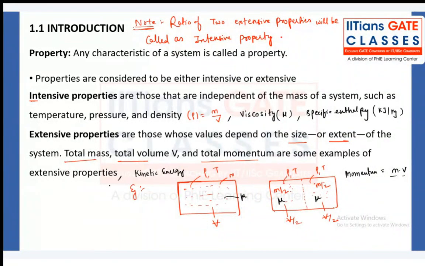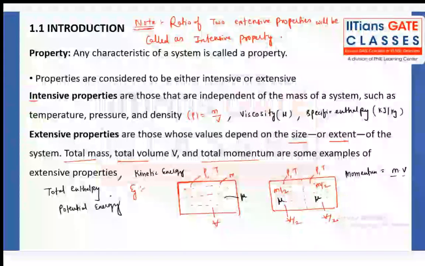Then by definition you have total enthalpy. Total enthalpy, very good. Potential energy, mgh, they are basically depending on the mass of the system, guys. Please make a note of it.